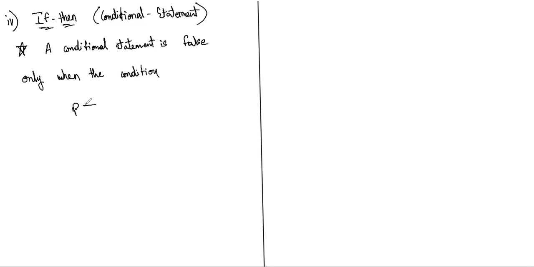Actually, this first statement is called the condition. This is a symbol. This is called the condition, and this is called the consequence. But let us keep it very simple. I'll not call it condition also. Only when the first statement, I'll call it the first statement.